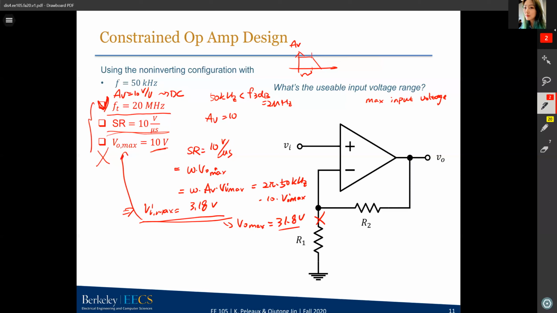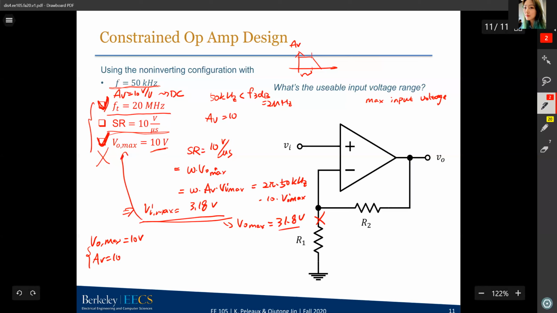So we cannot just use slew rate to calculate our result or to finish our design. We have to use VL max. If you have VL max equal to 10 volts, and because f is just 50 kHz, which is within the 3 dB bandwidth, your AV is 10.